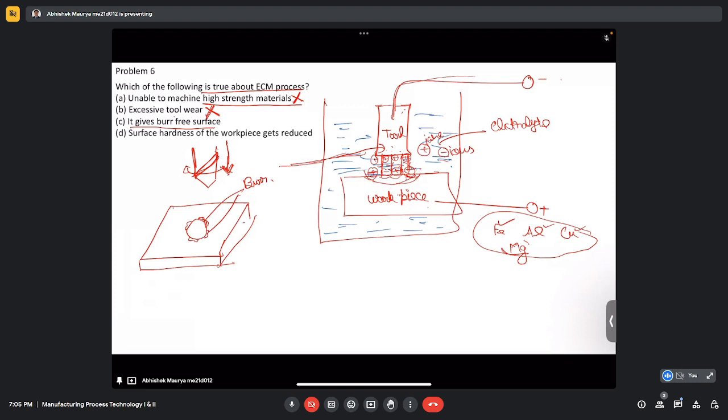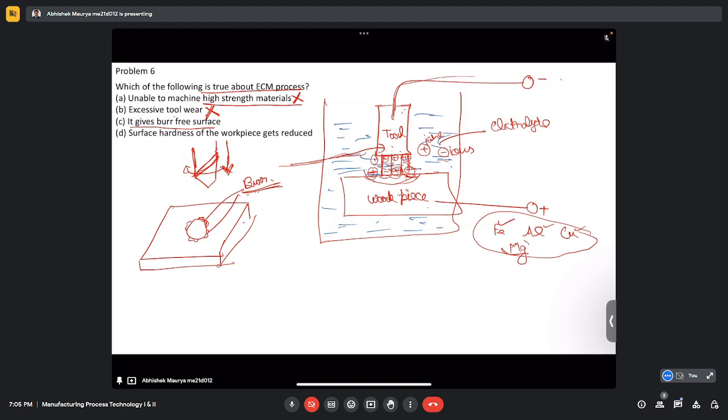So here this burr has been produced because material removal was taking place by the physical contact of the workpiece and the tool. And since in electrochemical machining there is no physical contact between the tool and workpiece, formation of burr will not take place at all.